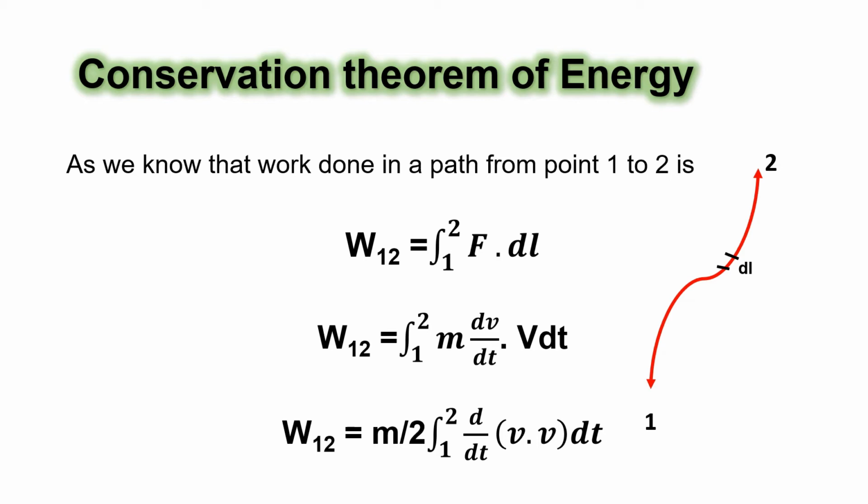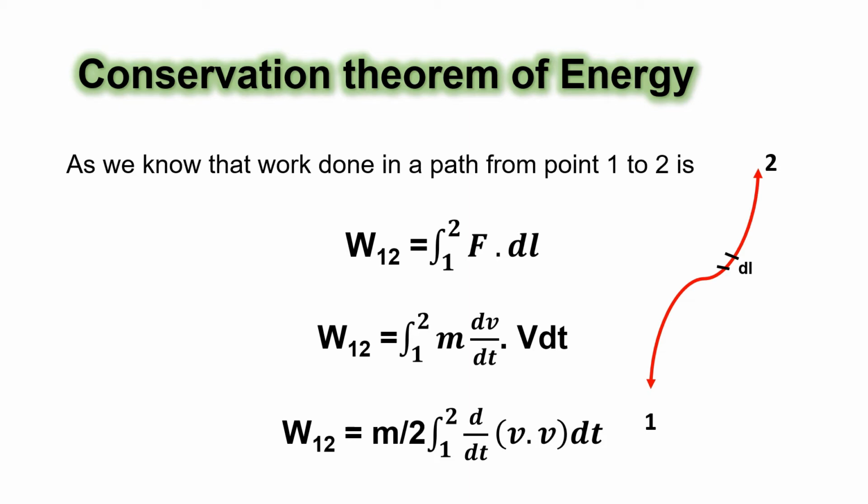As s is equal to vt for length, here it is a small patch, so s is equal to dl, and we can write dl as v dt.